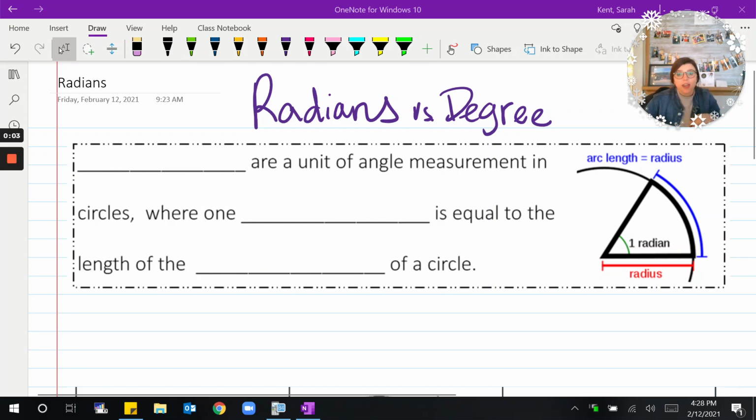Today we are looking at a different unit of measure for circles, and that unit of measure is called a radian.